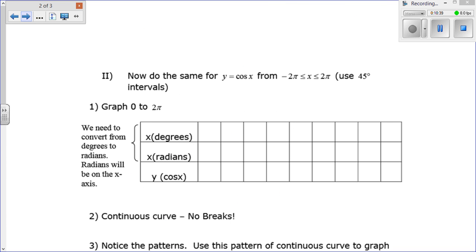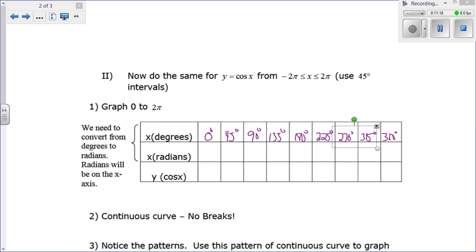Alright, we're going to do the same thing except this time with our cosine curve. So in degrees we have 0, 45, 90, 135, 180, 225, 270, 315, and 360.